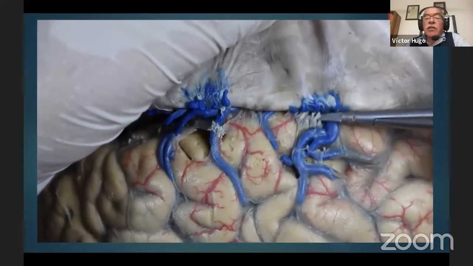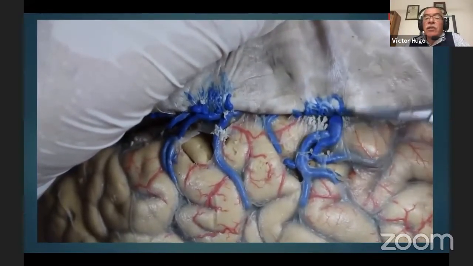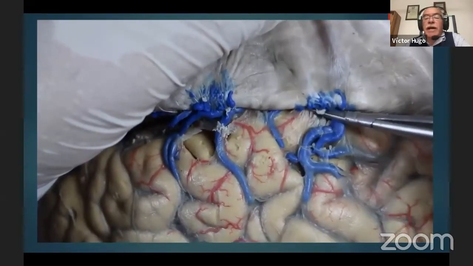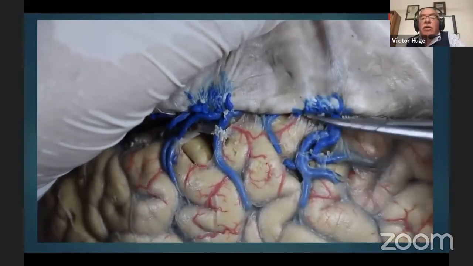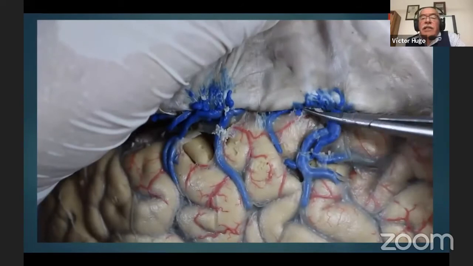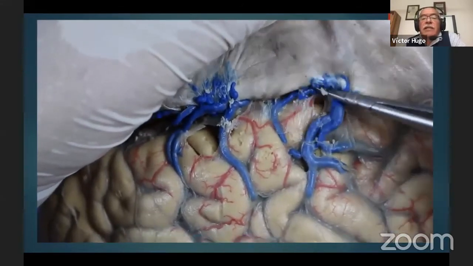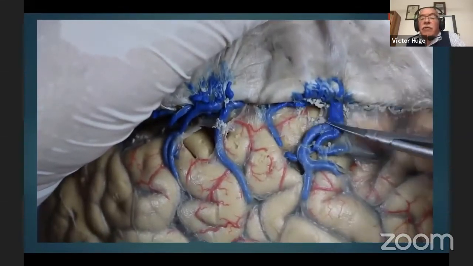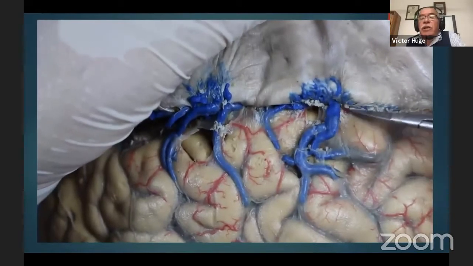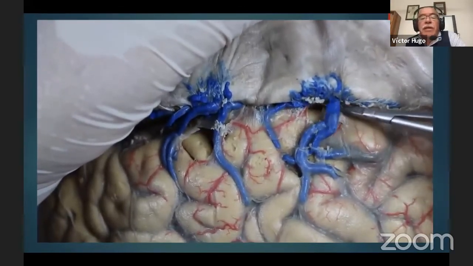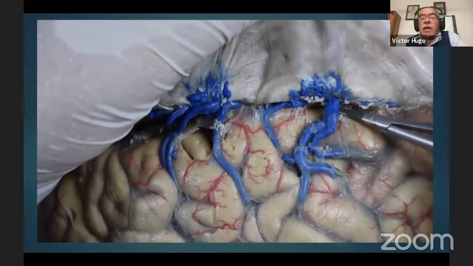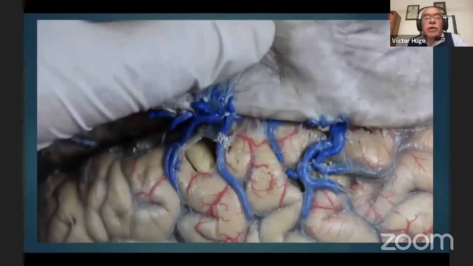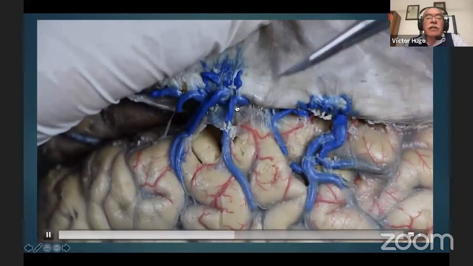As you can see, we need to make a careful dissection of the sagittal sinus and the veins that drain into this important structure. Of course, this is a model, a specimen, a brain, but the same care we need to take in order to avoid damage to these important veins.